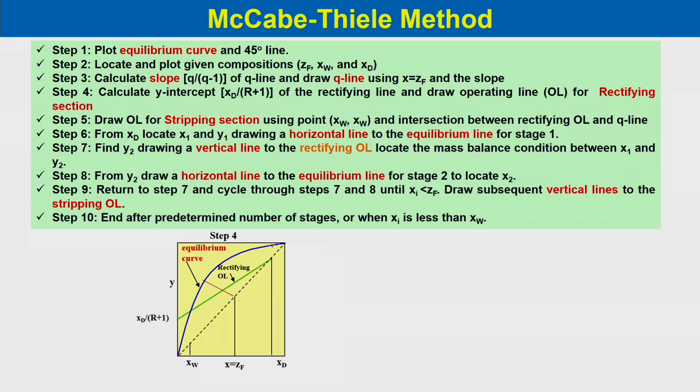Since xd is known to us and we know the reflux ratio, we can easily calculate xd by r plus 1. So, we can locate the intercept on the y axis and then join these 2 points to obtain the rectifying section operating line. This is much easier than using a point and the slope of the operating line.